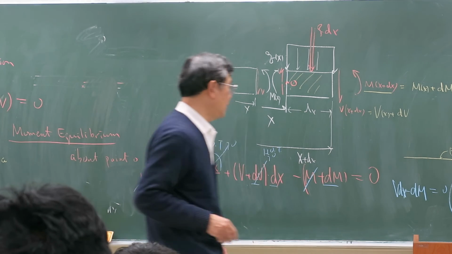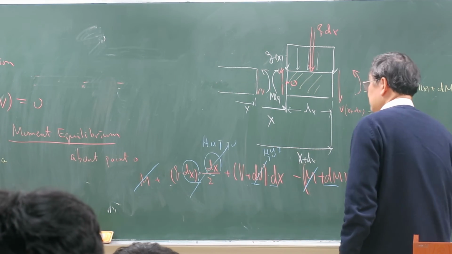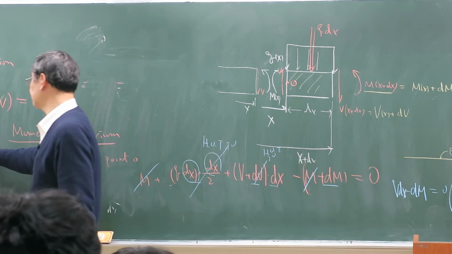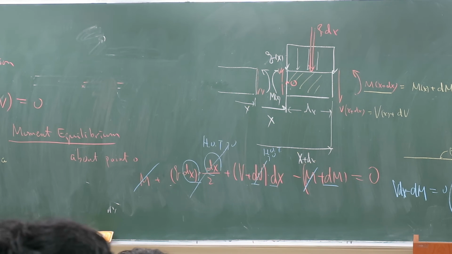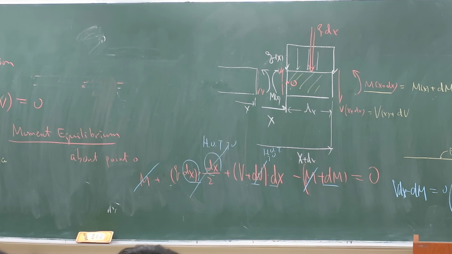Then if we combine equation 1 and equation 2, we have dv/dx equal to d/dx of dm/dx, and equal to minus q.